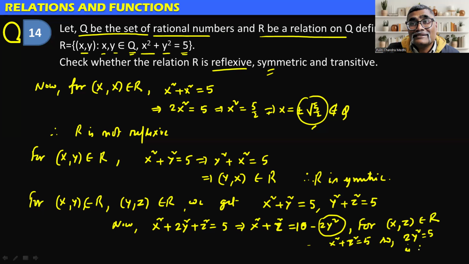That is y equal to plus or minus root 5 by root 2. Is it possible? No, it is not possible. So if this is not possible, that means it is not transitive as well. So overall, what did you see? This is not reflexive. This is not transitive. This is only symmetric. It's a very good question.